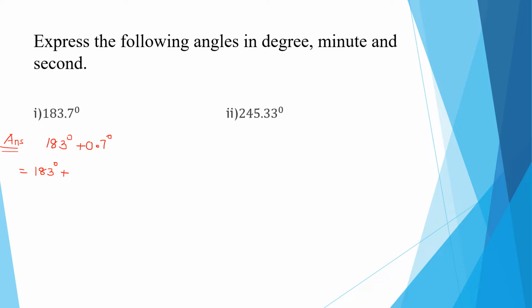Since I multiply it by 60, correct? 1 degree has 60 minutes. 0.7 into 60 minutes. So how much will this be? 183 degree. This will become 0.7 into 60, that is 7 times 6, 42 minutes. So since there is no decimal further, the final answer will be 183 degree 42 minutes.